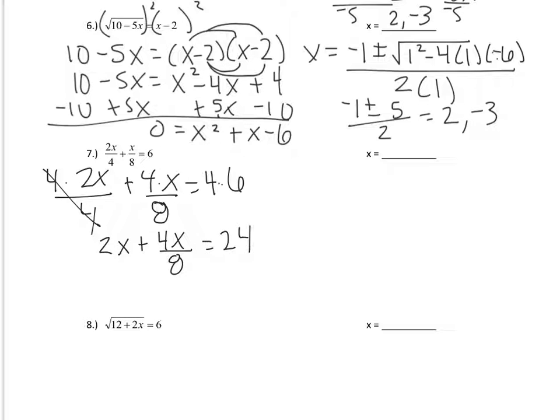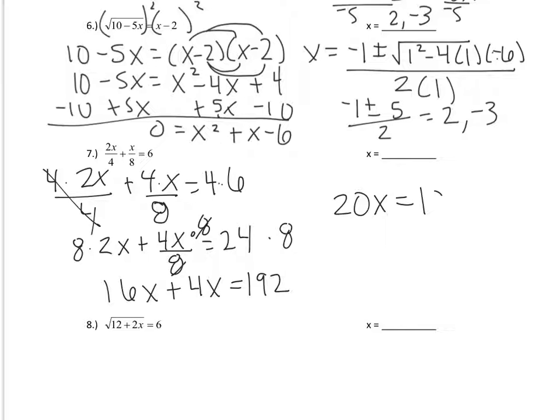Now I'm going to multiply everything by 8. 8 times 2x, 8 times 4x over 8, and 24 times 8. So I get 16x plus 4x, because those 8's cancel out, equals 192. 16 plus 4 is 20, so I get 20x equals 192. When I divide both sides by 20, I get x equals 9.6.